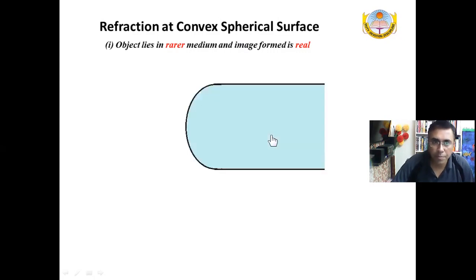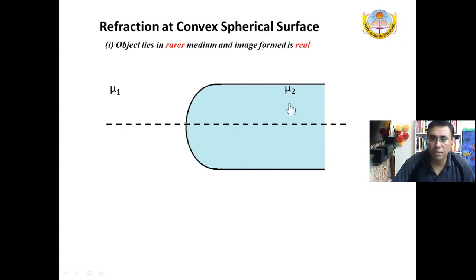Let's begin. Say this is a convex spherical surface. This line is the principal axis. The rarer medium has the refractive index mu1, and the denser medium, of which this refracting surface is made, has a refractive index mu2.